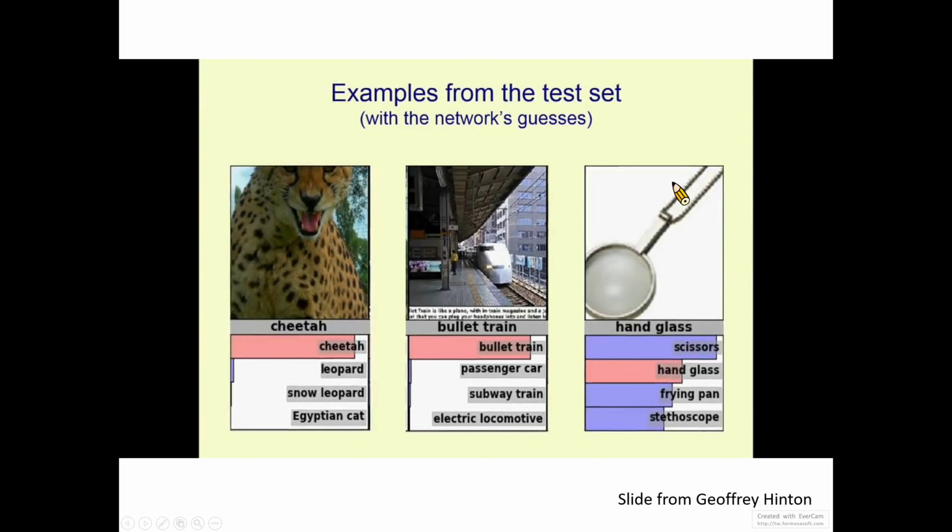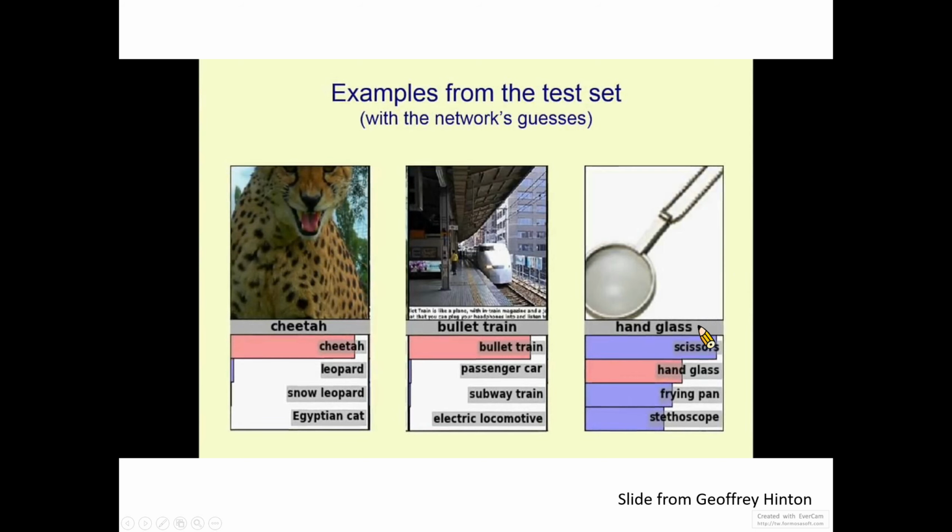Because of the color of this handle, the algorithm will think that this may be the scissors, and the correct answer has a lower probability than these incorrect answers.